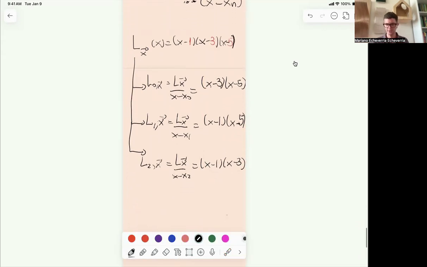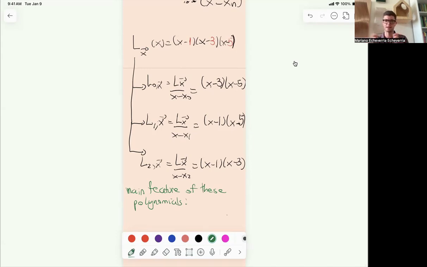Okay? So the main feature of these three new polynomials is that they are zero at two of the three x values, right?